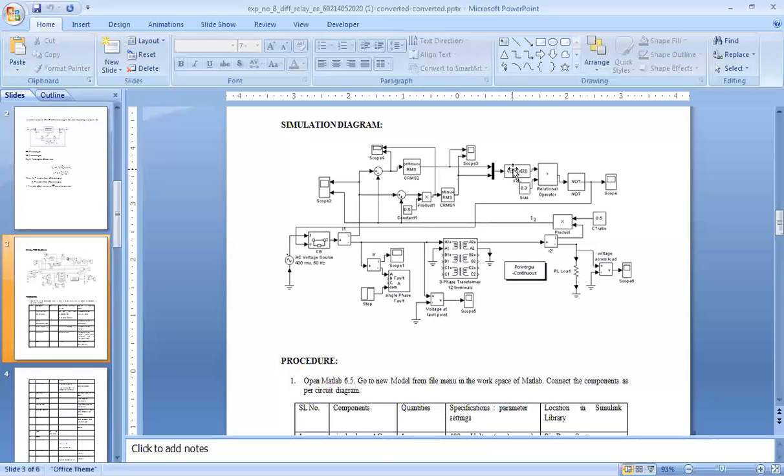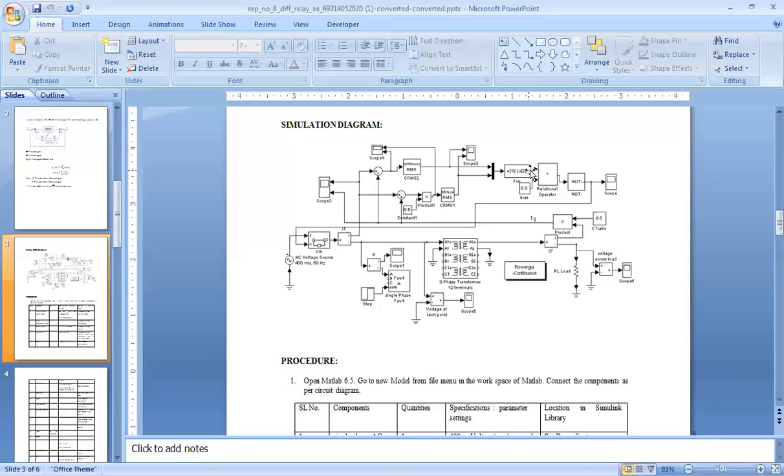So U1 is the differential current and U2 is the through current or average current, and this point is the bias setting. It may be 0.2, it may be 0.3, it may be 0.4, any of these three. So suppose we set it at 0.3.